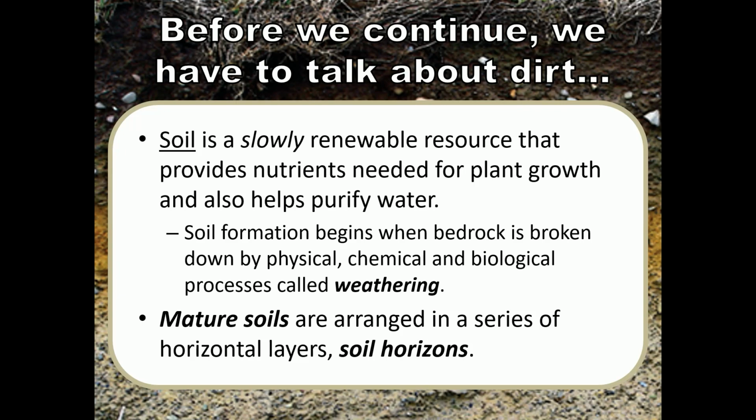So you have this series of soil layers, which we refer to as soil horizons, arranged below the surface. And as they continue to develop and develop and develop, they become more mature and they support more and more complicated ecosystems on top of them.